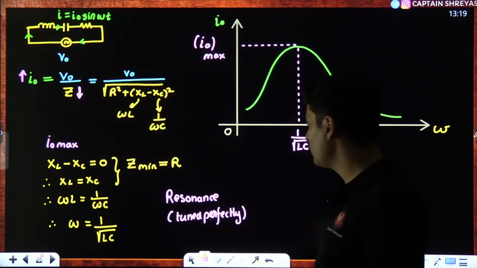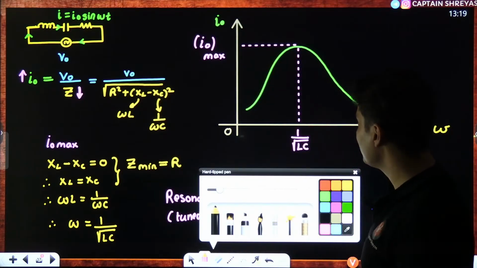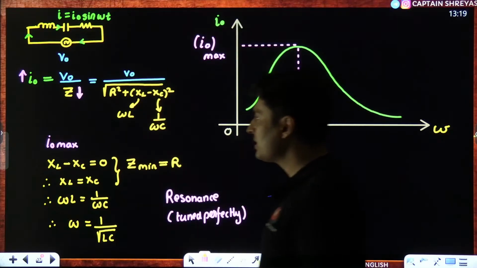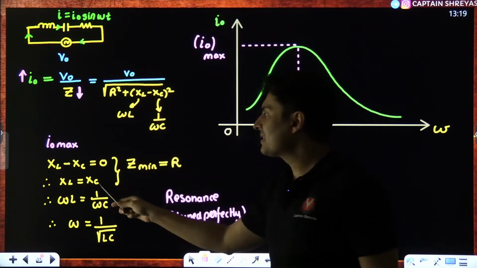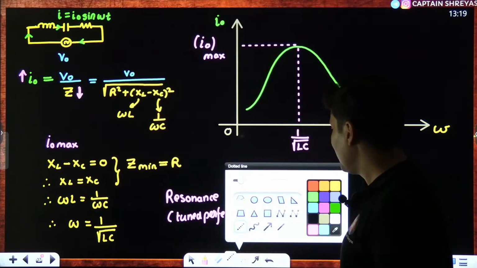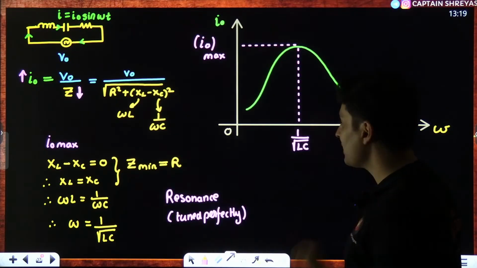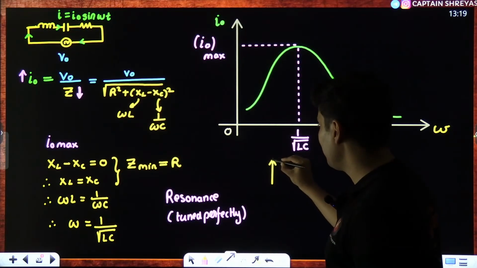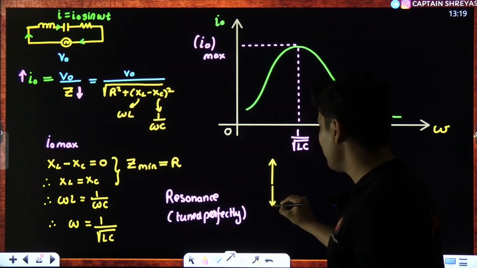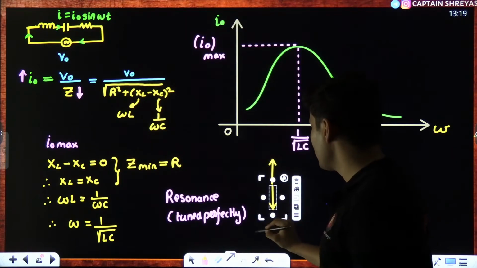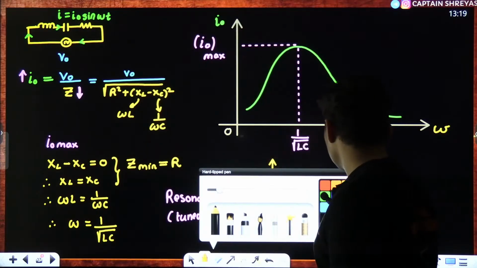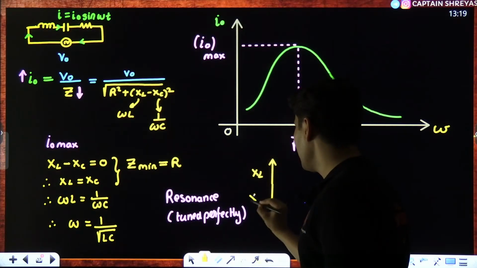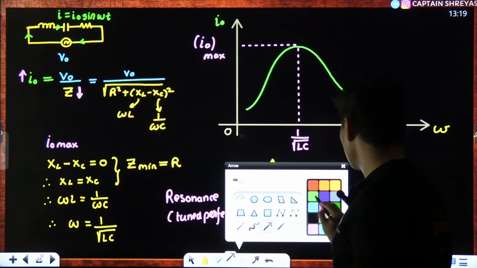And at resonance, you will see one more interesting thing which will happen. Because XL is equal to XC, think about it. XL phasor and XC phasor both are opposite to each other.